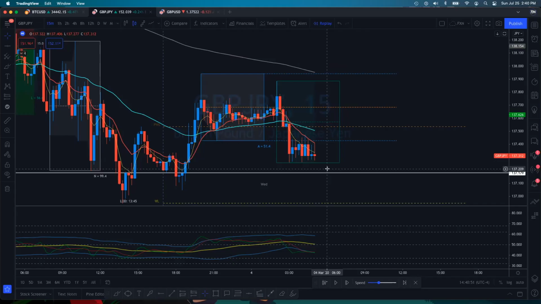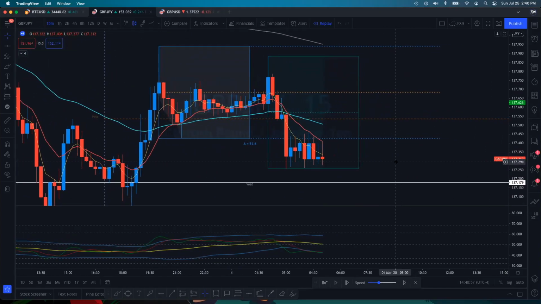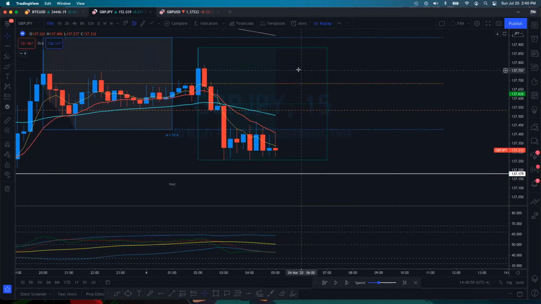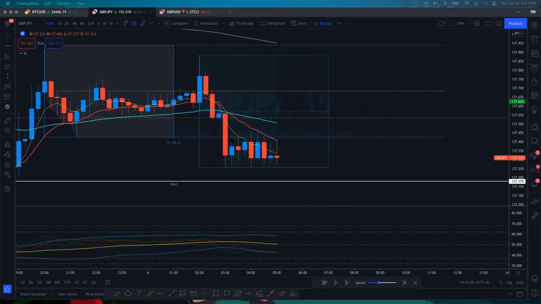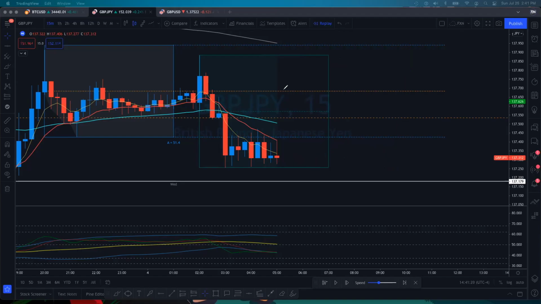So here's what I'm looking for: one of two things. I'm looking for this little box. Let me draw a box here to keep going, to basically keep doing this, and then this, all the way to New York. And New York should probably give you some kind of a buy setup.